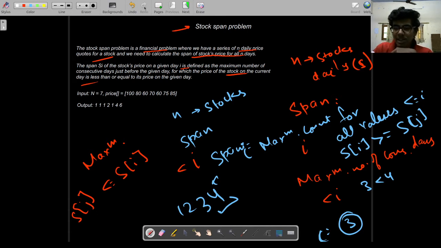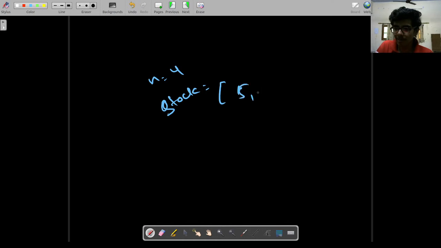So let us take some other example. Take n equal to 4, and my stocks are 5, 2, 3 and 4. I have to calculate the span of 4.